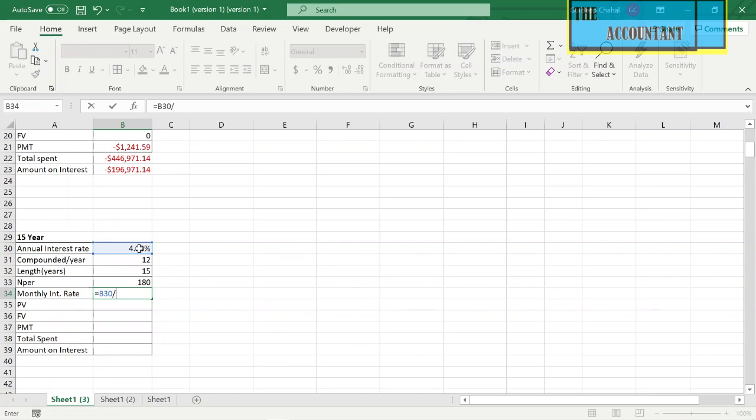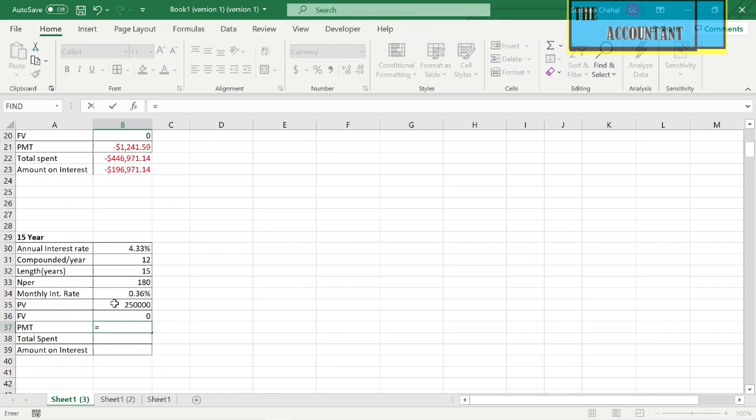Now the rate is going to be the same because this is also compounded monthly. So the present value is still 250,000 and the future value is 0.